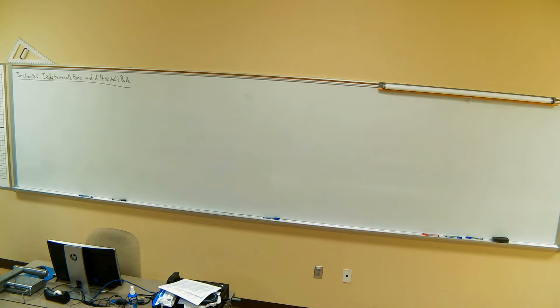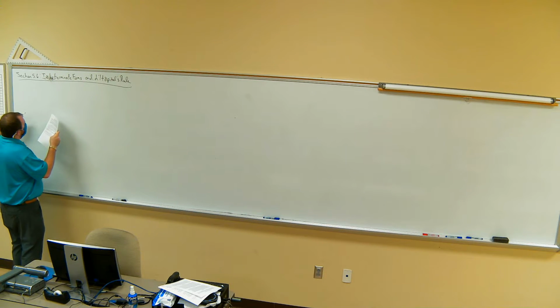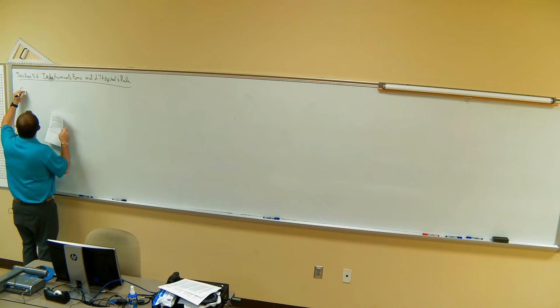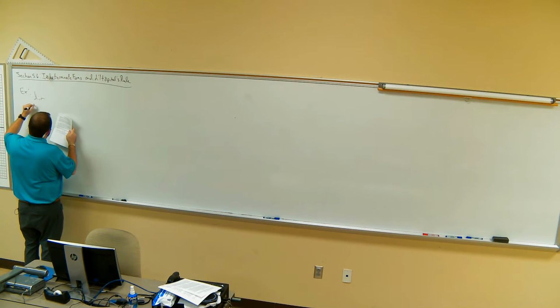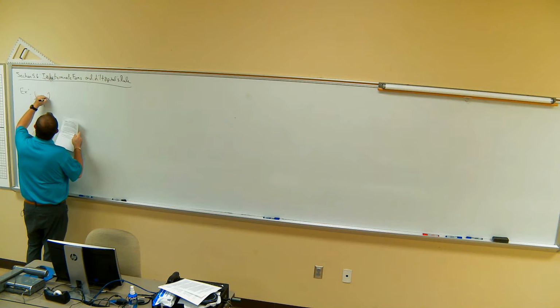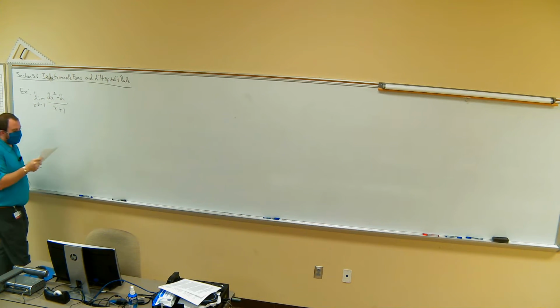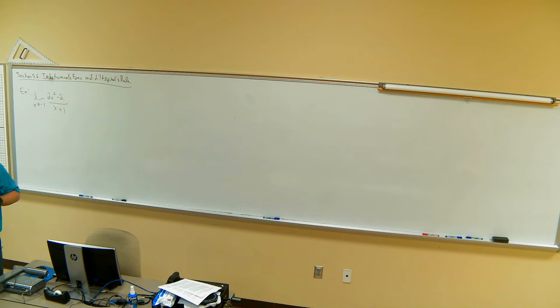So let's think about it. If we wanted to do a limit like this, the limit as x goes to -1 of (2x squared minus 2) over (x plus 1), what would you have done in Calc 1? Factored it.